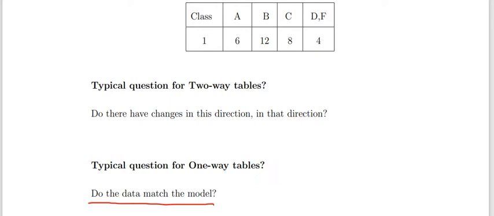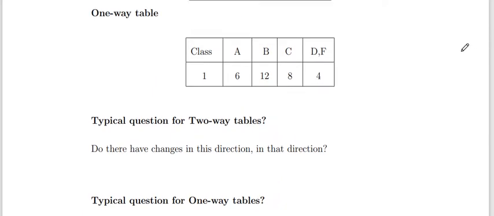Let's say we have the grade distribution for our class. We have how many A, how many B, how many C, how many D or F. So whether our data, our grade distribution, fits the model, the percentages for getting A, B, C or D for all other classes.